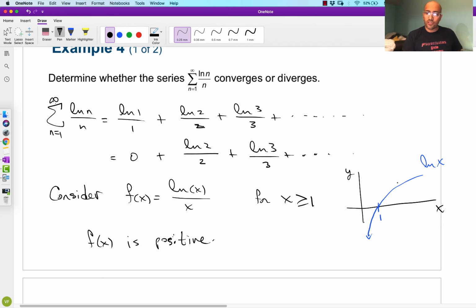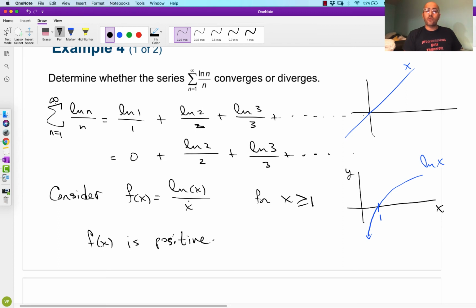The ln function is continuous, and the function y equals x is continuous. So a continuous function divided by a continuous function is also going to be continuous. And there is nothing weird about this fraction, right?